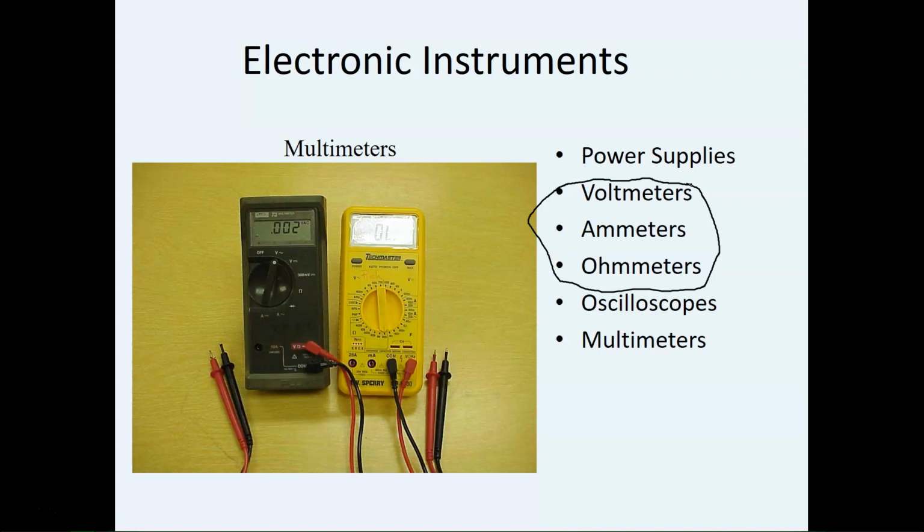And it gives you a way of looking at voltage, current, or resistance relative to what it is able to deal with. We'll talk more about that another day when we actually do something like a meter certification. So these three are all part of multimeters. You can get individual voltmeters, ammeters, and ohm meters, but you more typically will see them as multimeters, just because that's how they run.